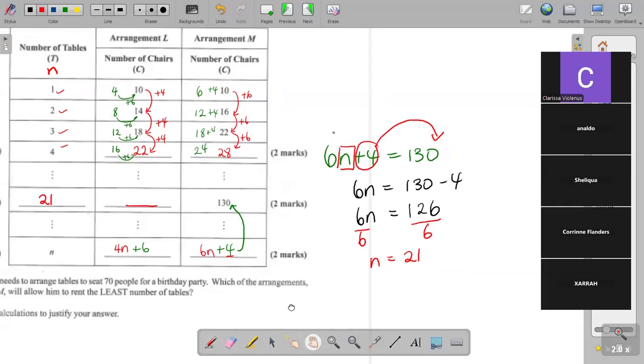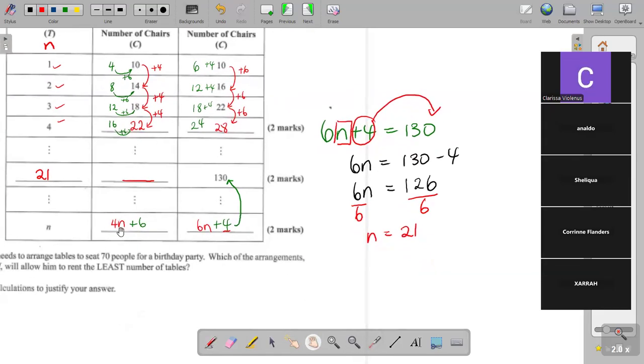Anybody know what I should do to find that? I have the formula and I have what n is. Don't I replace n with 21 now? So the formula for this is 4n plus 6. Everybody following what I'm doing? In this space, we know what n stands for, so what should I write?